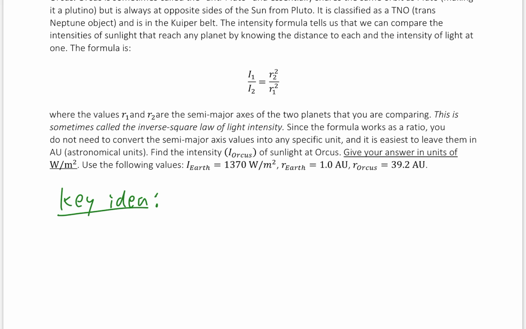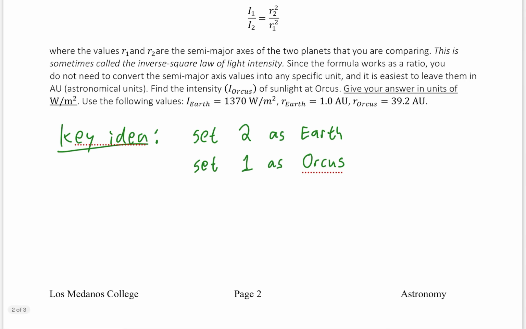So let's go ahead, and for this problem, we're going to set 2 as Earth. And think of this as my advice. Set 1 as Orcus, which is the planet that we're solving for. The world is a dwarf planet. And then we can directly solve for I1, which would be I Orcus. Okay, so thus I1 is I Orcus, because we defined anything with a 1 refers to Orcus.